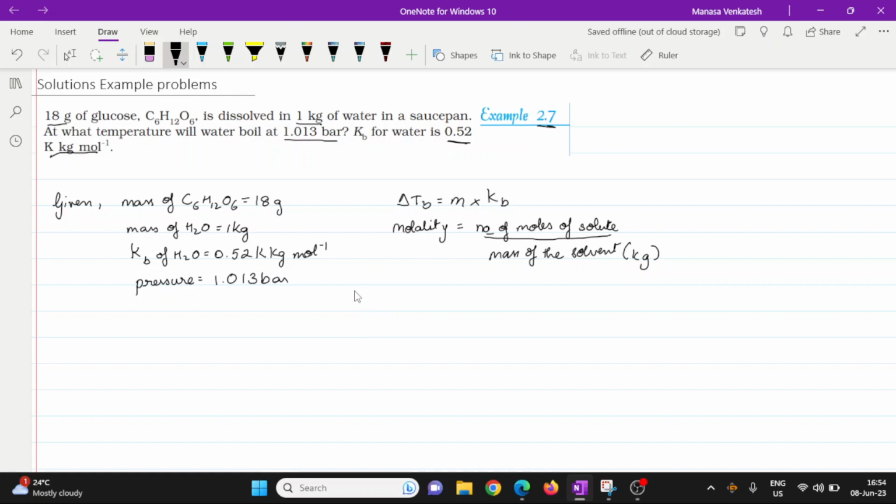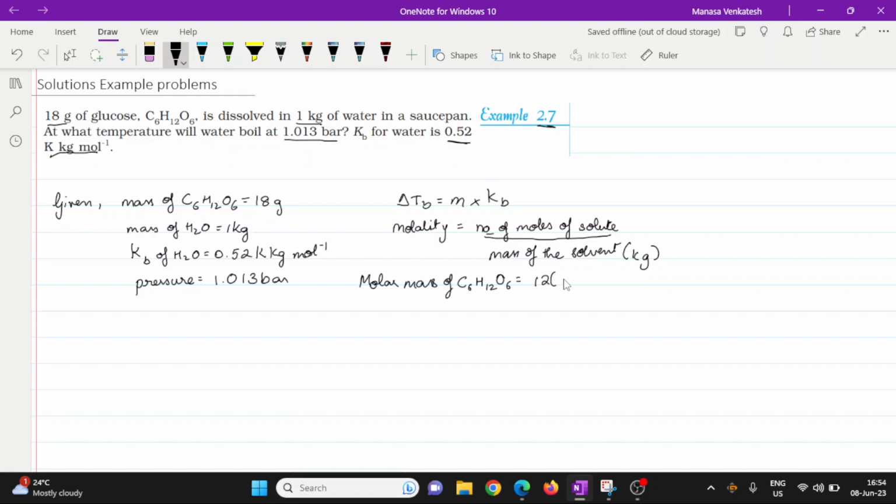Anyways, so we start with calculation of the number of moles of our solute. You need to calculate the molar mass of C₆H₁₂O₆. Basically, you just need to total the mass of all of the individual atoms. I'm assuming you know how to do that.